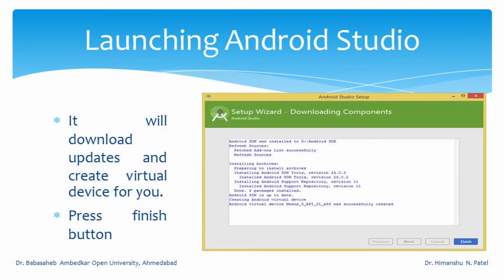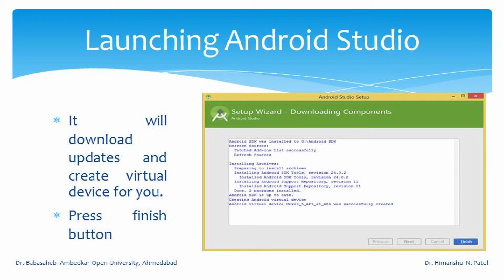So, it will start launching the Android Studio IDE. Here is Android Studio asking you to download updates and create a virtual device for you. So, if you have an internet connection available, it will download all the latest updates for Android Studio and SDK, and then you can start the IDE.